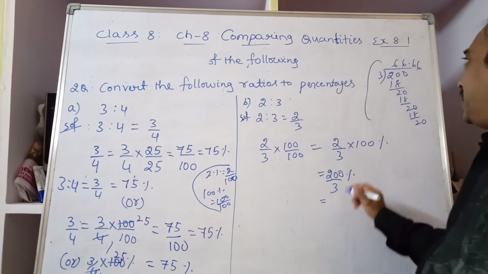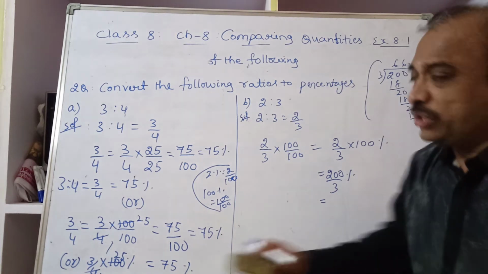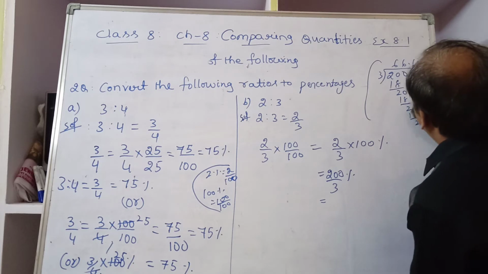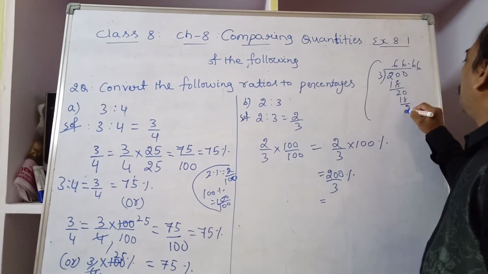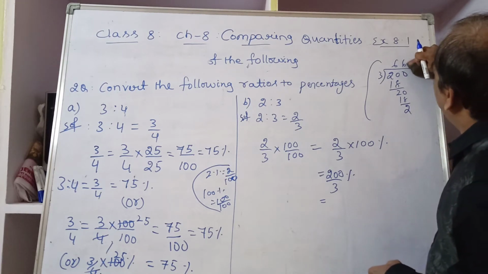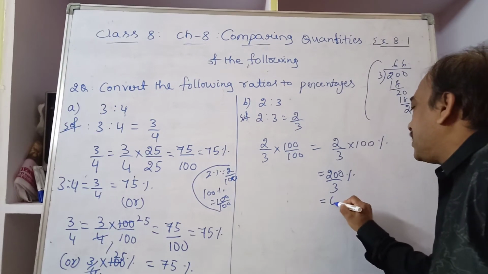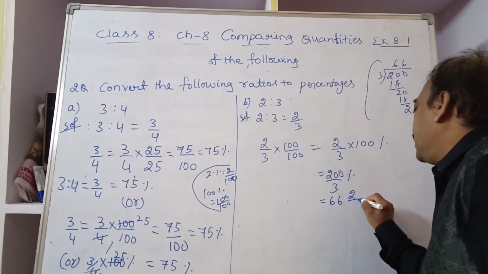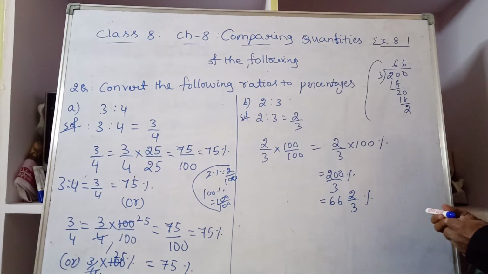So which is nothing but 66.666, or if you want to write in the mixed fraction, here itself you can stop with the remainder 2, no need to continue. 66 2 by 3%. This is how we write 66 2 by 3%.